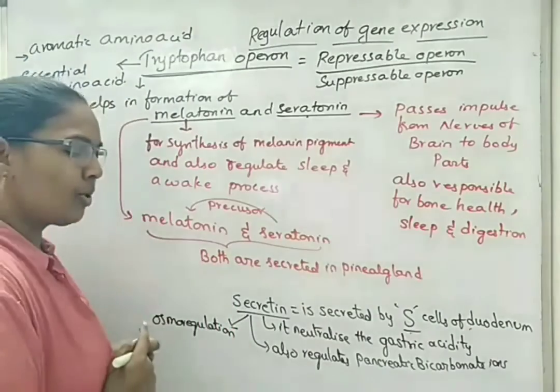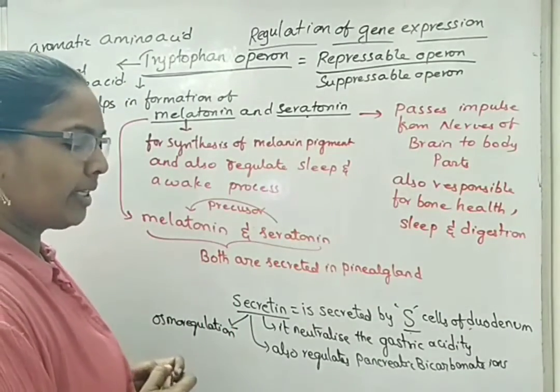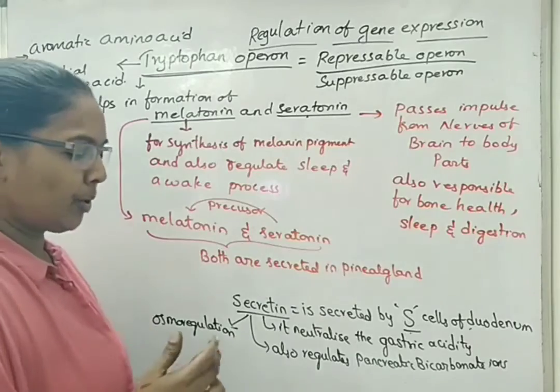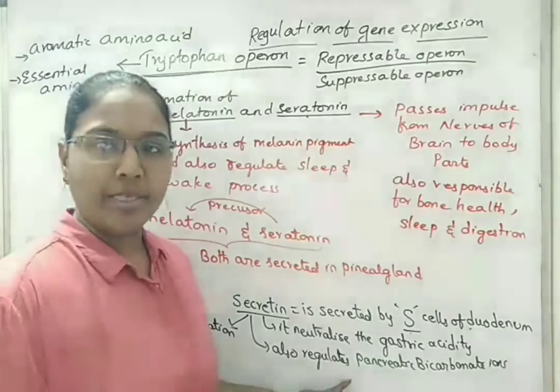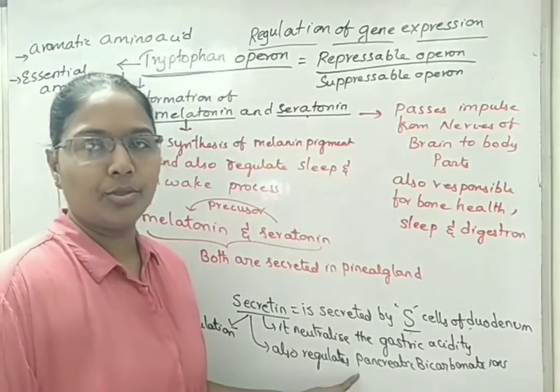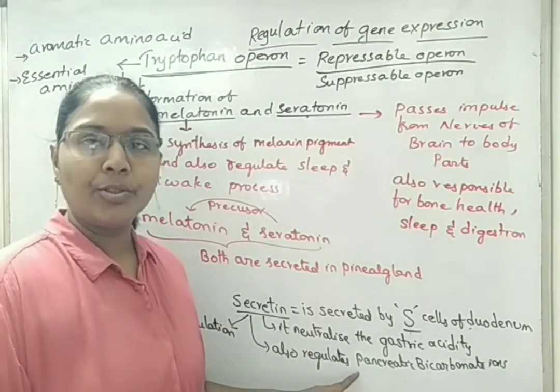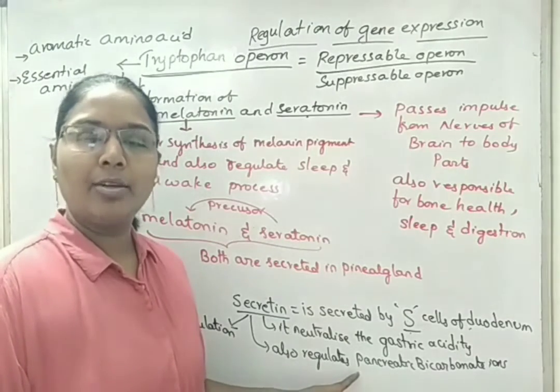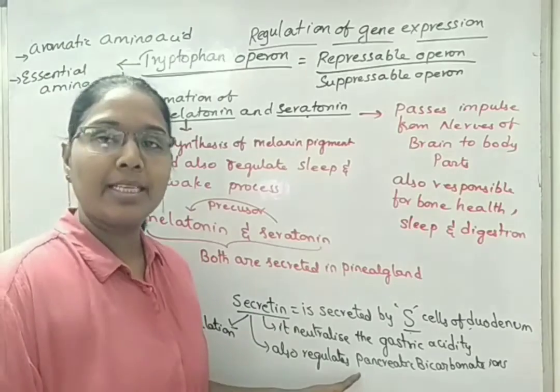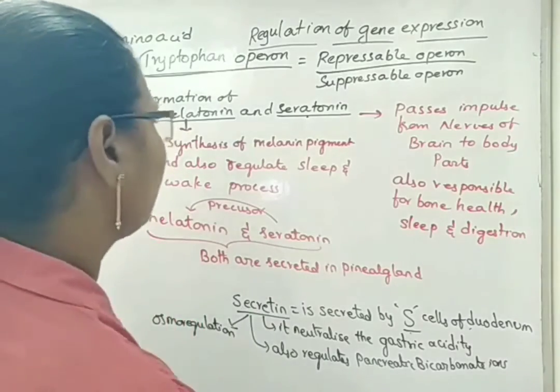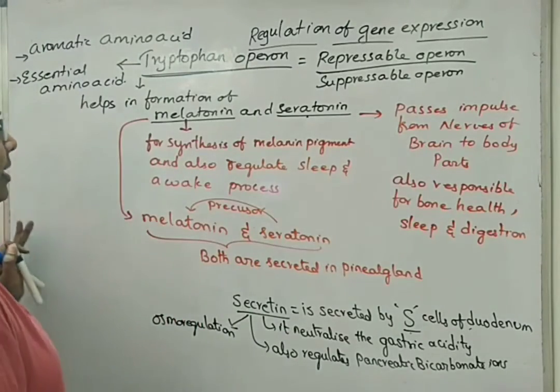When bile does not have those bicarbonate ions, its function will not be proper, because sodium bicarbonates, which are produced by the pancreatic juices, are involved in neutralizing the gastric acidity, and also in breakdown or emulsification of the fats. So these are the basic points regarding tryptophan.